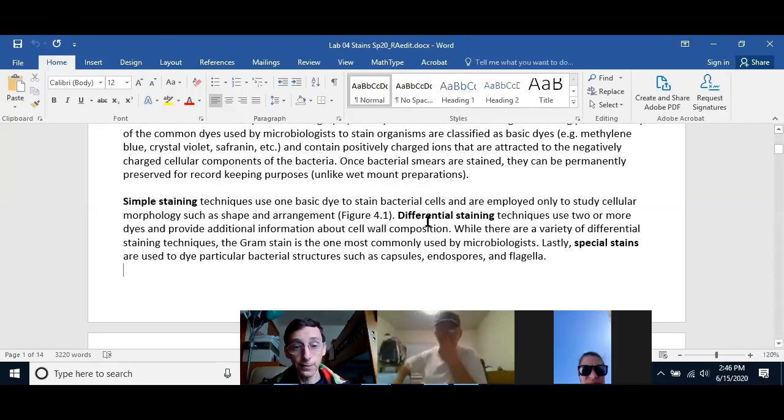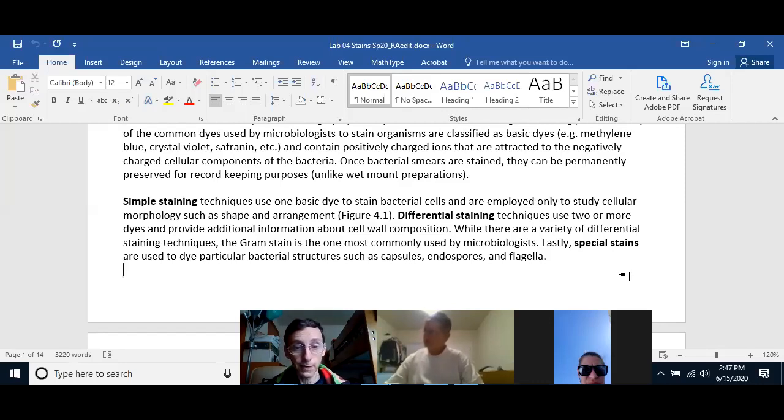A differential stain uses two or more dyes, and it stains the cells differently, so the two different cells will look different. There are also a number of special stains, and we use them to stain particular structures in bacteria or in microorganisms.